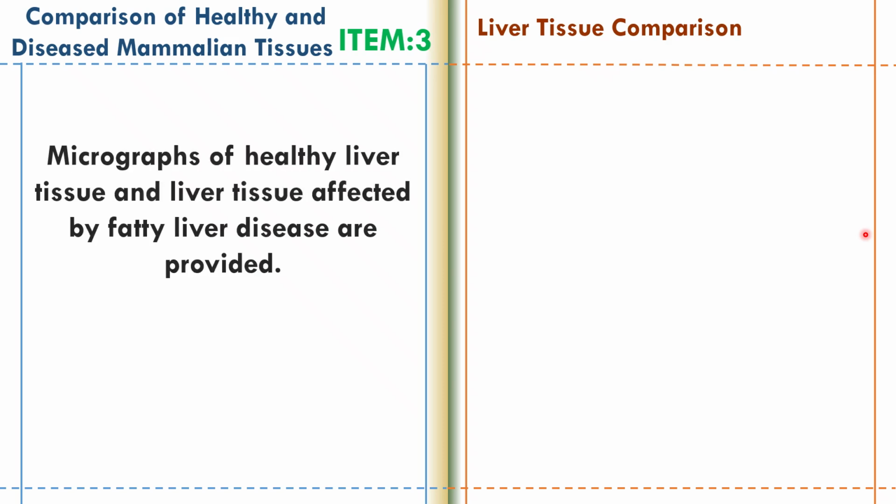Comparison of healthy and diseased mammalian tissue, item 3. We are going to look at the liver tissue comparison. Micrographs of healthy liver tissue and liver tissue affected by fatty liver disease are provided.